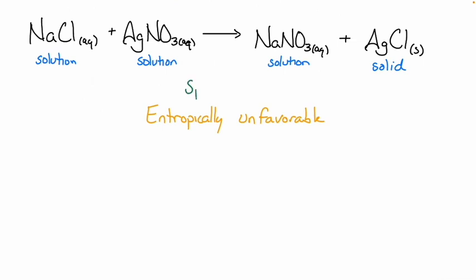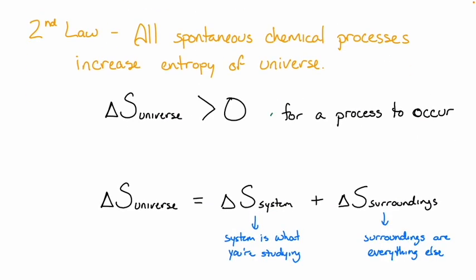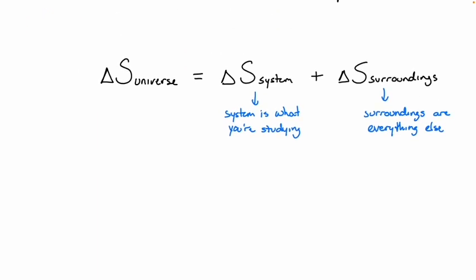So this is still a reaction that does occur. So how does that work? We just said that in order for something to occur, it has to increase the entropy of the universe. Well, again, we're going to break this into these two components: our delta S for our system, but also the surroundings. Our system would be that precipitation reaction, that beaker full of those liquids that we just mixed together.